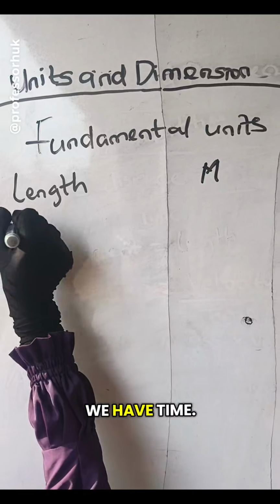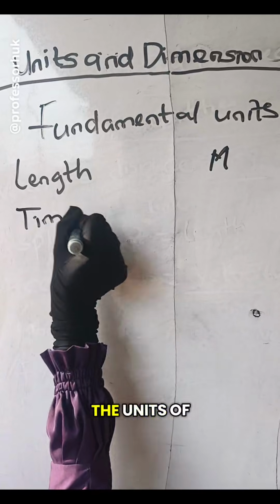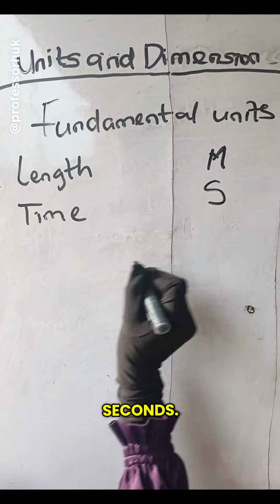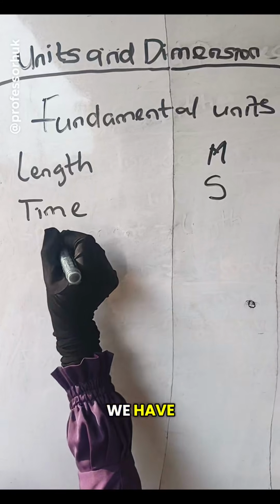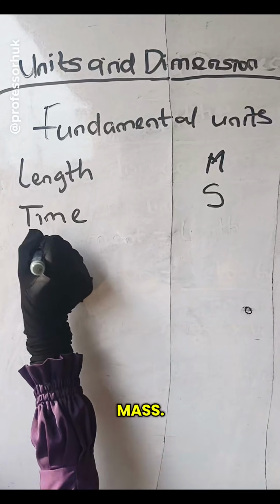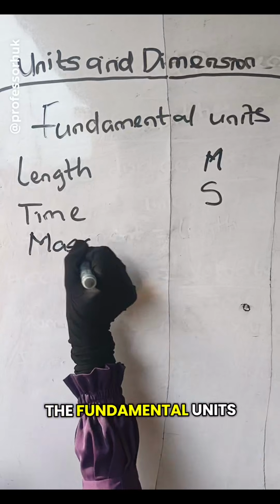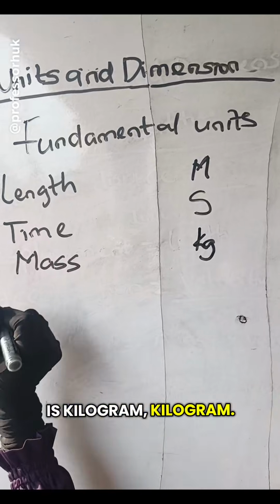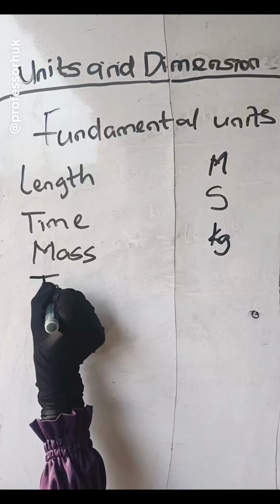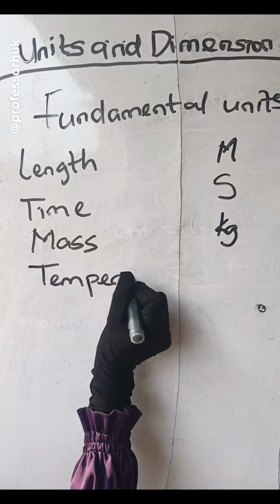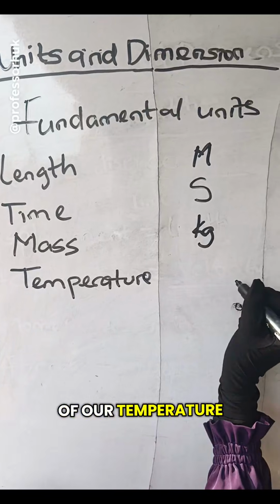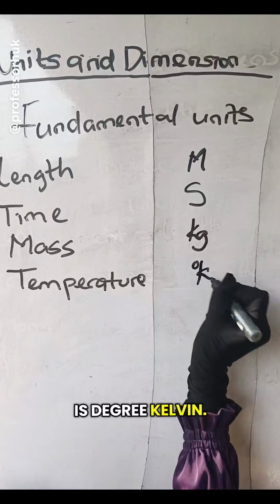We have time. The fundamental unit of our time is seconds. We have mass. The fundamental unit of our mass is kilogram. Then we have temperature. The fundamental unit of our temperature is degree Kelvin.